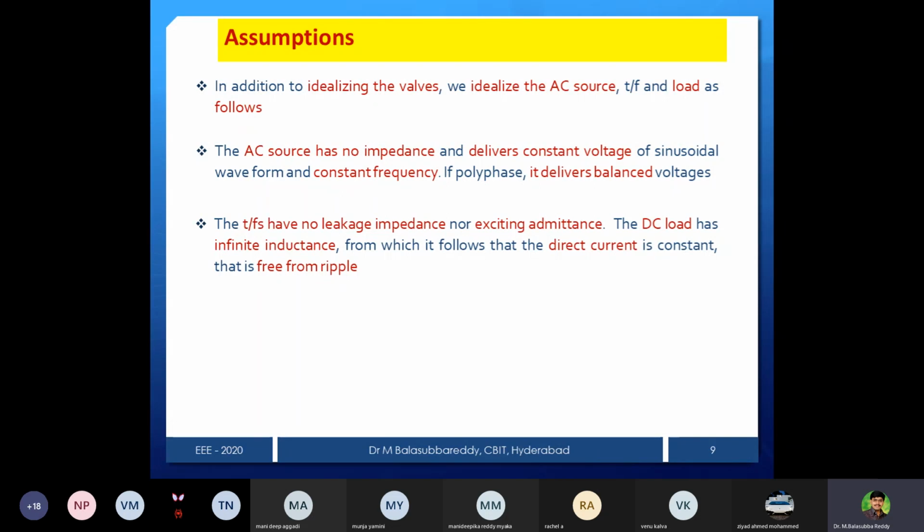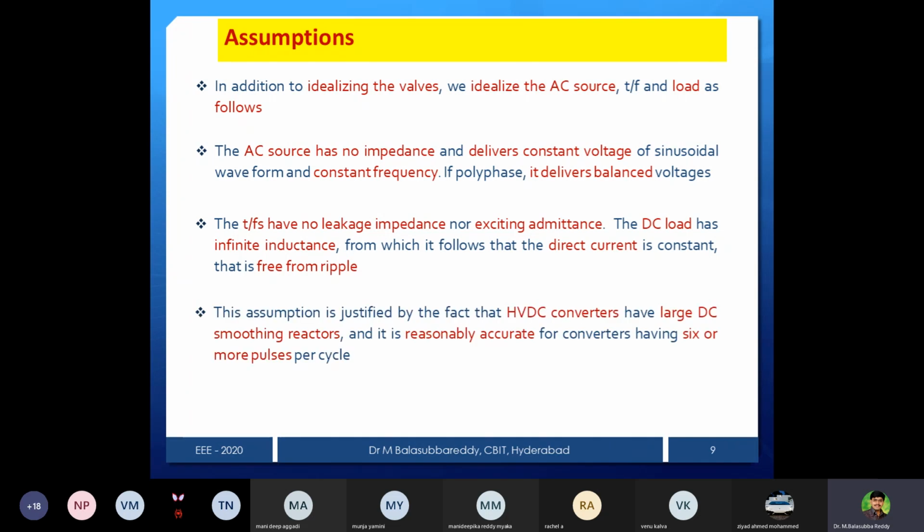And DC loads have infinite inductance, because the load side may have highly inductive loads, from which it follows that the direct current is constant, that is free from ripple. These are some more assumptions.